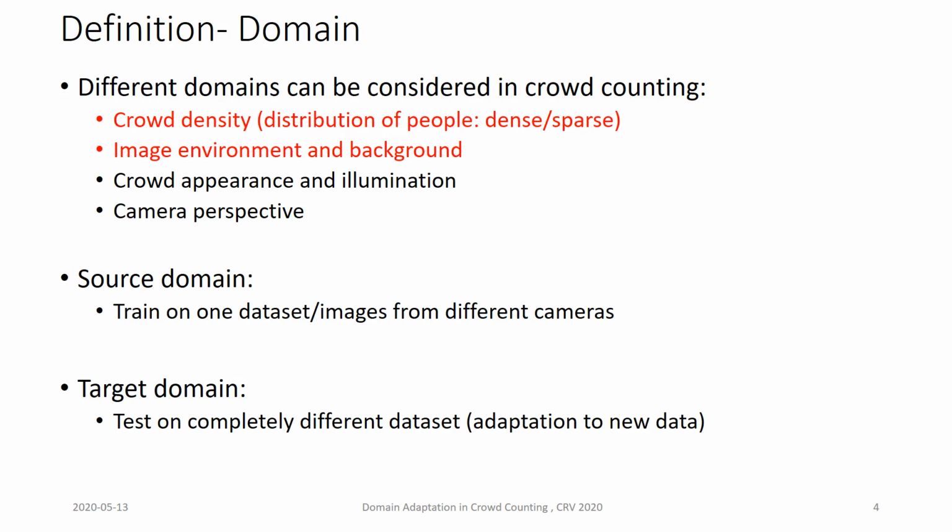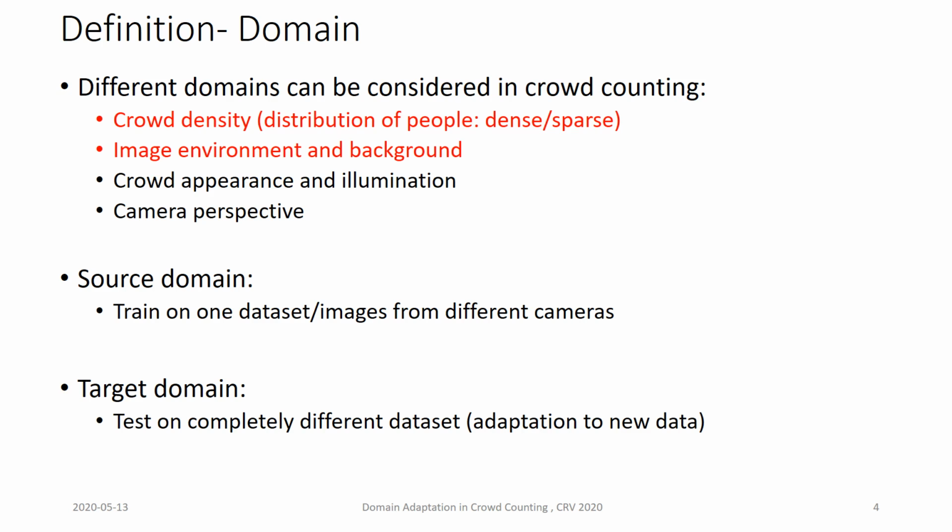Actually, in crowd counting, domain basically means the different density variations among the images. It could also be image environment and background, crowd appearance or illumination, or maybe camera perspective. But in this paper, we basically focused on density variation and image environment or background.